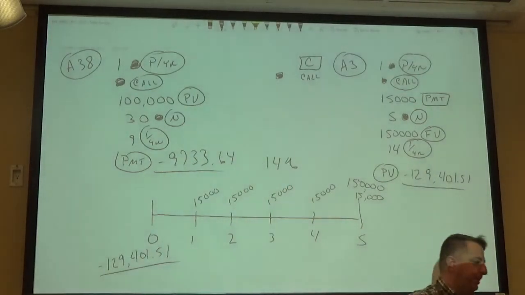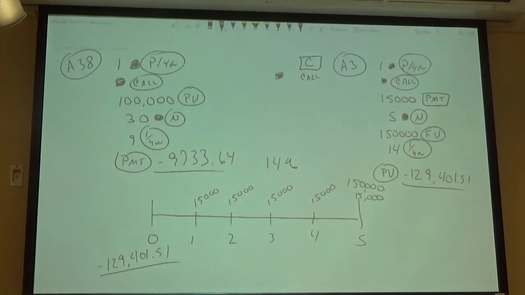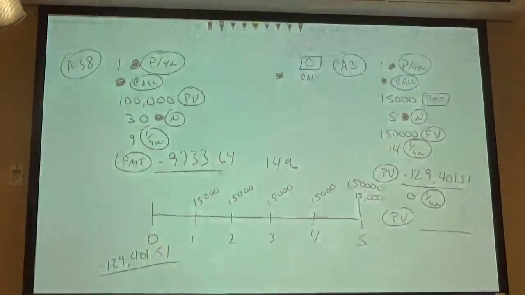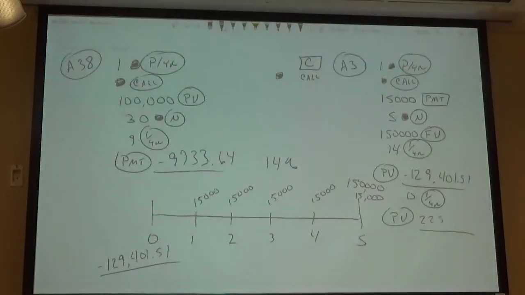For example, if we put in 0 as the interest rate and solve for present value, without doing it on your calculator, what would the answer be? 225,000, right? Because that's simply cash in, cash out.